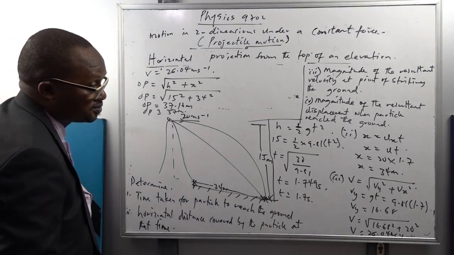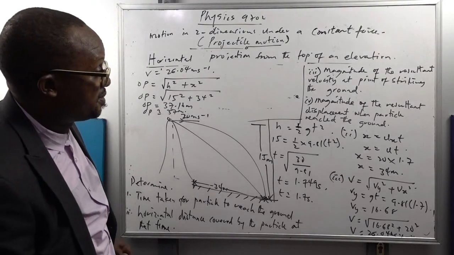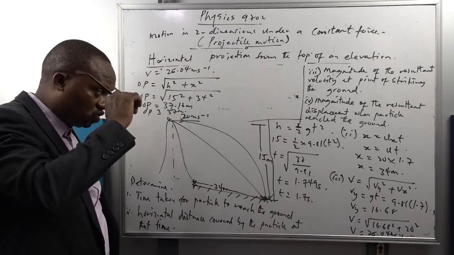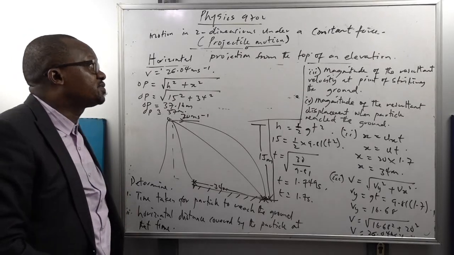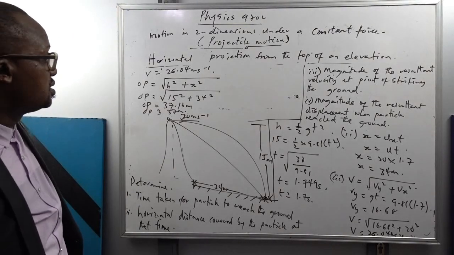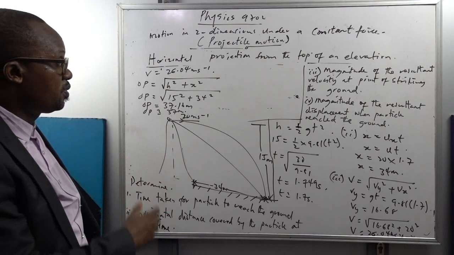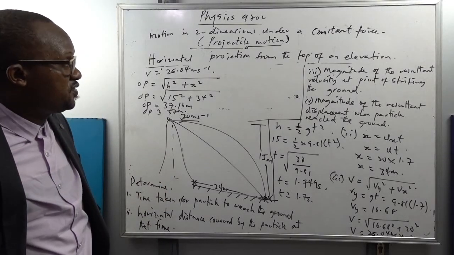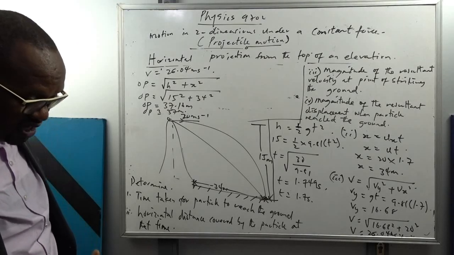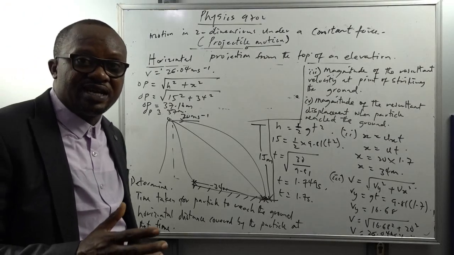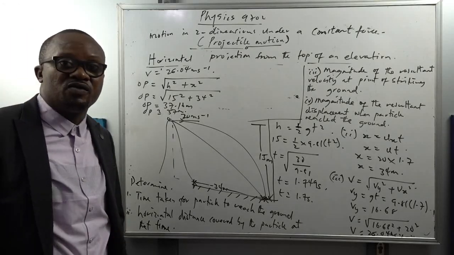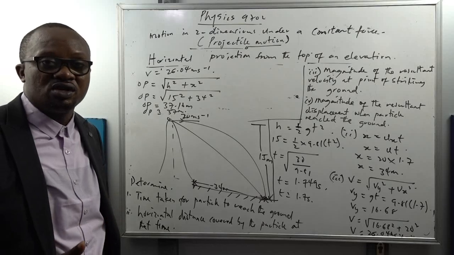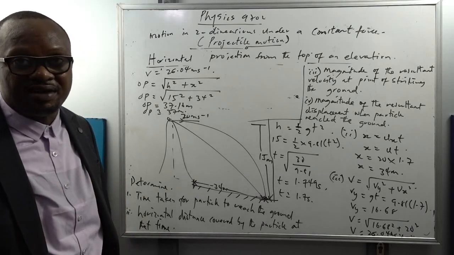Alright, so that is that. We have concluded motion in 2 dimensions according to the specifications of this syllabus. So with that, you should be able to solve problems effectively when it comes to motion in 2 dimensions. And that basically wraps up kinematics. Remember we said at the beginning that kinematics is a mathematical description of motion using equations and graphs.